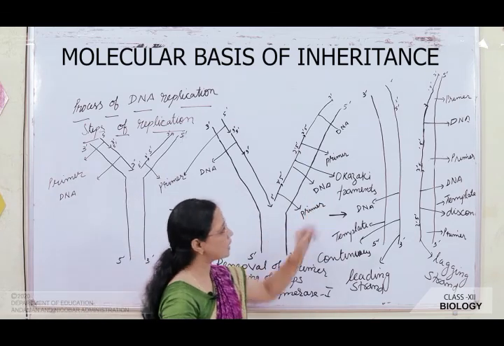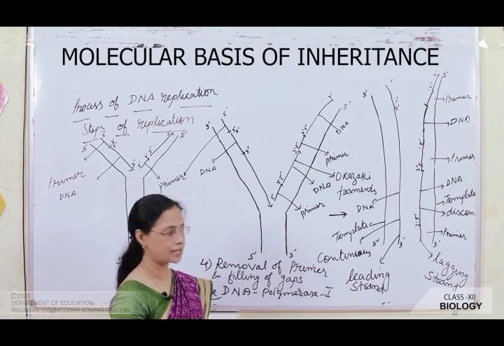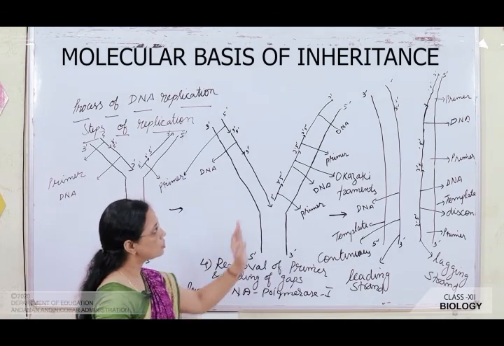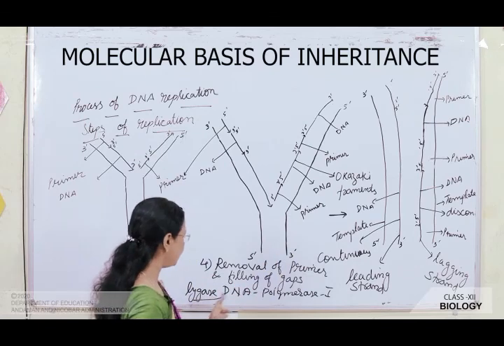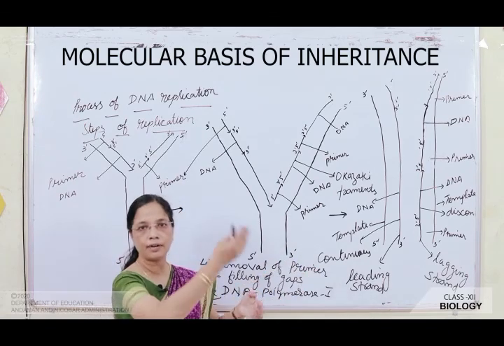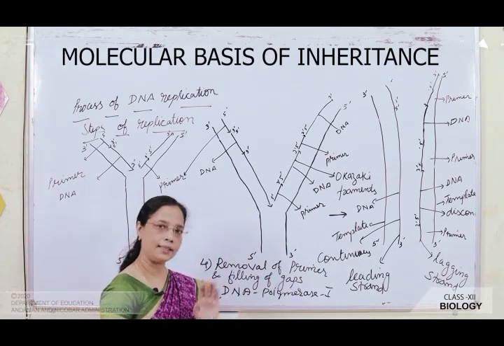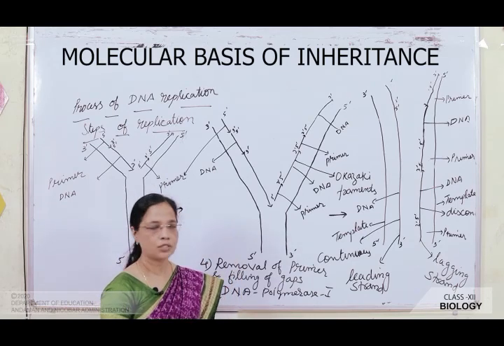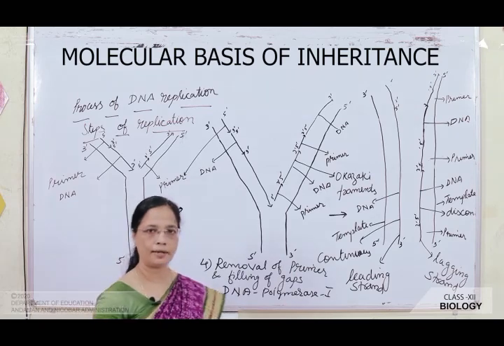Those fragments are known as Okazaki fragments. The last step is removal of the primer and filling of the gaps. The primers are removed by DNA polymerase 1 and filled by the nitrogen bases, and then ligase enzyme joins the gaps. So this is about DNA replication.